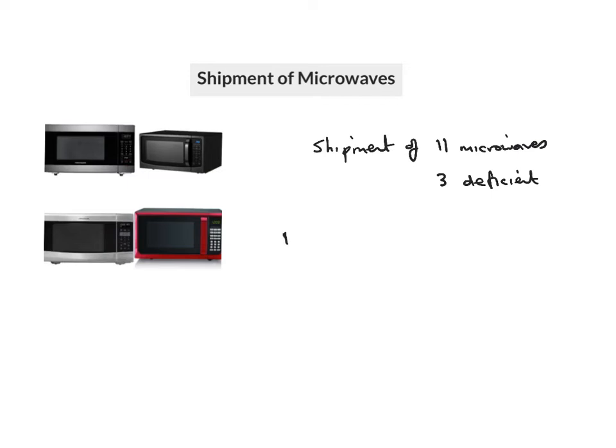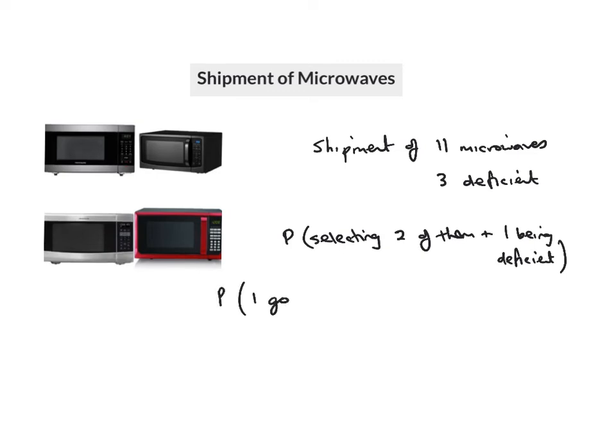We've got to find the probability of selecting 2 of them, with 1 being defective. So the probability of 1 good and 1 defective.